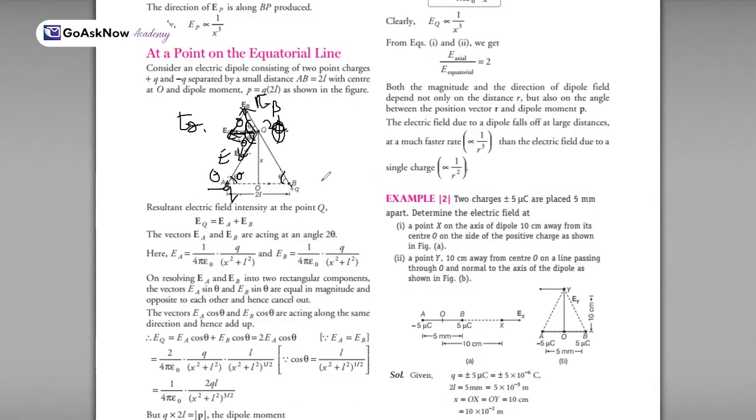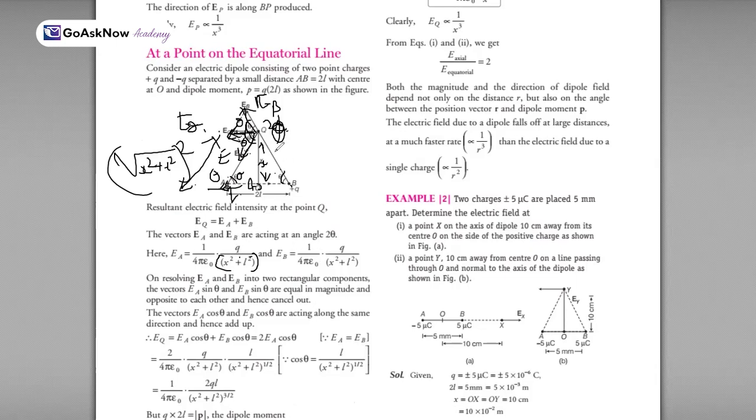Because this distance is L and this is x. So due to the Pythagoras theorem, the distance between the two points where we have to find the electric field will be equal to root over x square plus L square. And when we square this distance in the denominator, that will become x square plus L square.